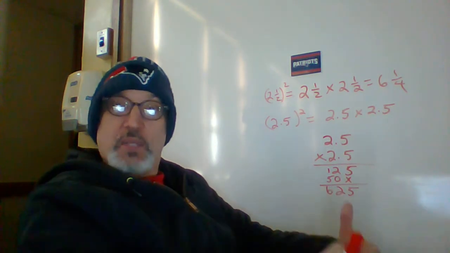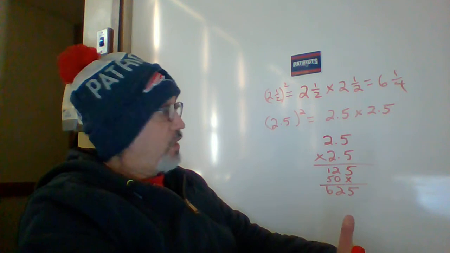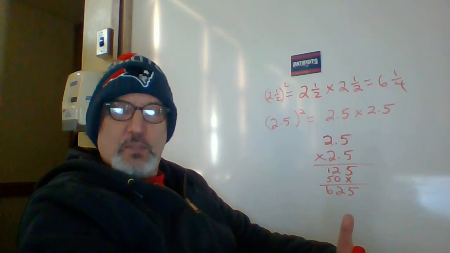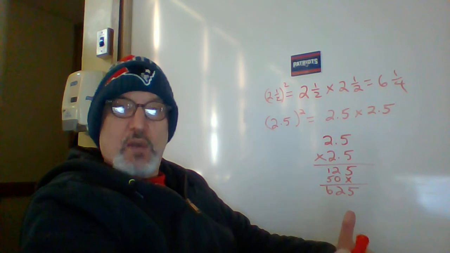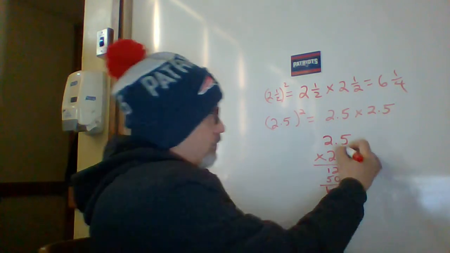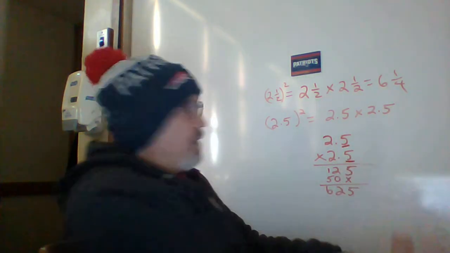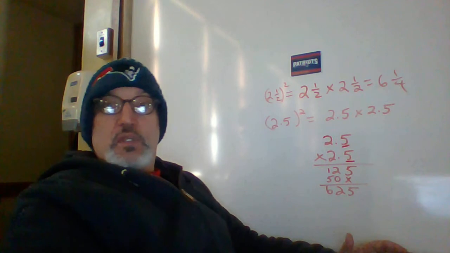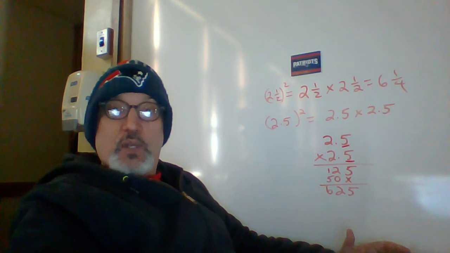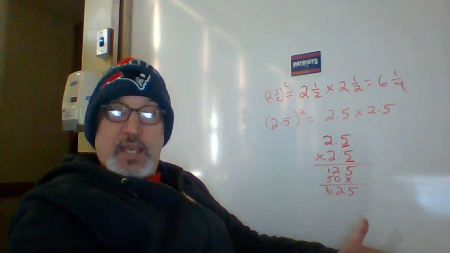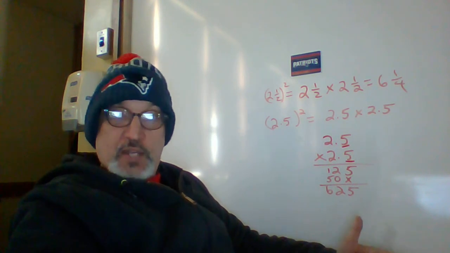So the multiplication algorithm tells us to look at the two numbers we're multiplying and count how many digits in total there are to the right of a decimal point. There's one there and one there. A combined total of 2 digits to the right of the decimal point. So our product has to have 2 digits to the right of the decimal point.